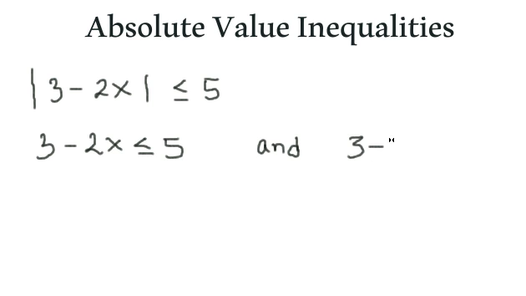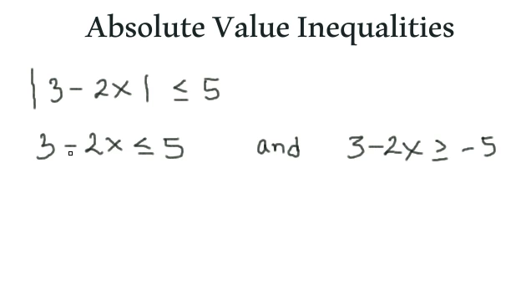So rewriting what's in the absolute value bars, this time I'm going to flip the inequality, and then throw a negative out in the front. So now we basically just have an equation, and we're just solving for x in this problem.